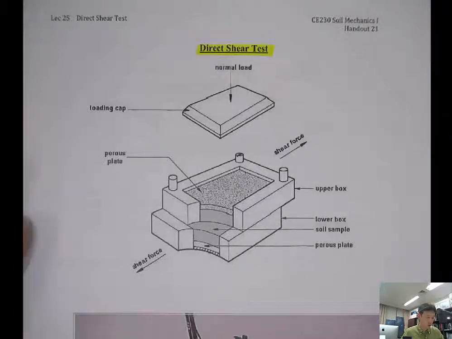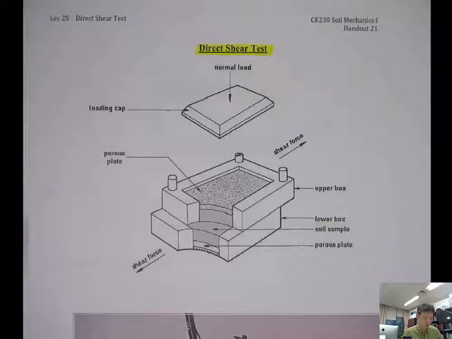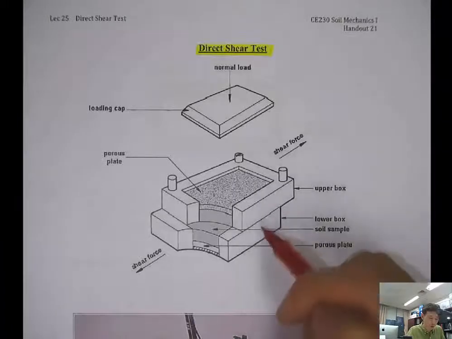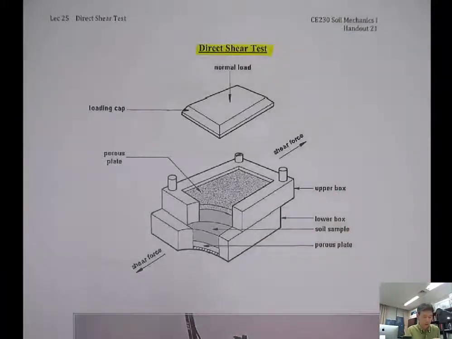Okay, I guess this is the direct shear test. Today we'll talk about the direct shear test. So in the direct shear test, you have a shear box, and in the shear box there are two halves that are separated from each other, so that you can apply the shear force on the soil mass.